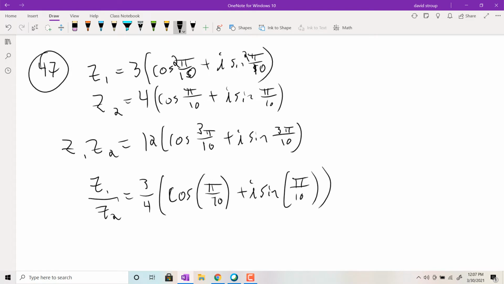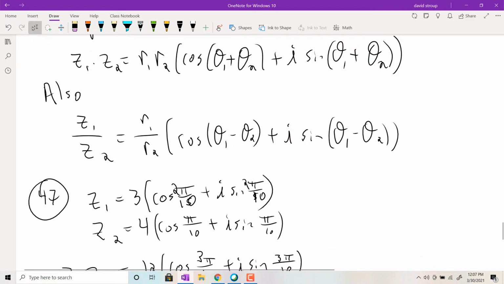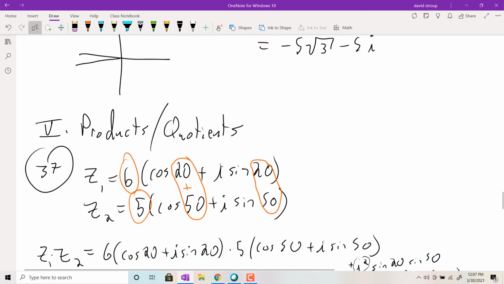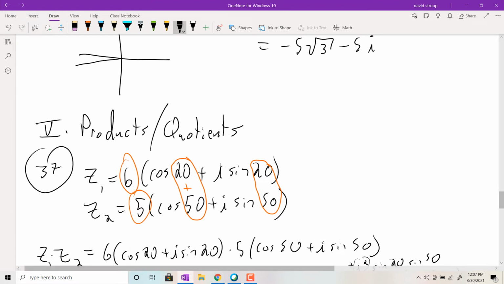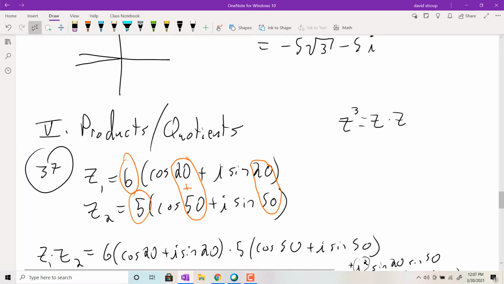3/4. The next thing to worry about then is raising complex numbers to powers. If you think about raising something to a power like z cubed, it's really just repeated multiplication. So if multiplication works by addition in the polar form, then you're going to have a multiplication of the argument.